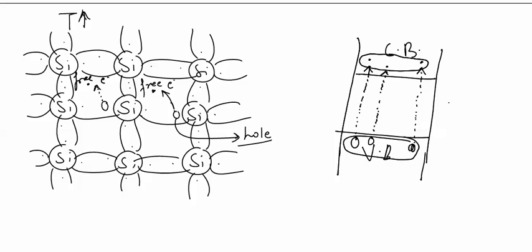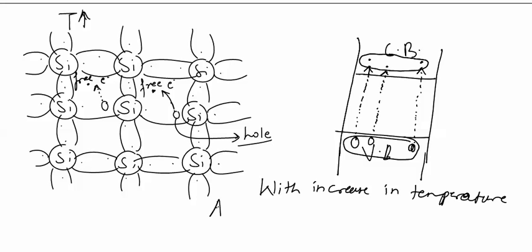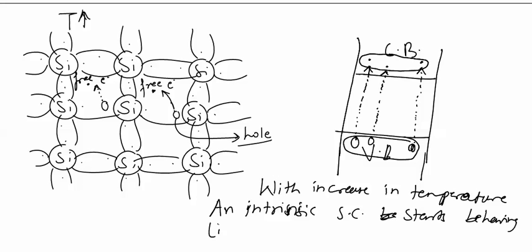So we can now say, with increase in temperature, an intrinsic semiconductor, which was called earlier an insulator, starts behaving like a conductor.